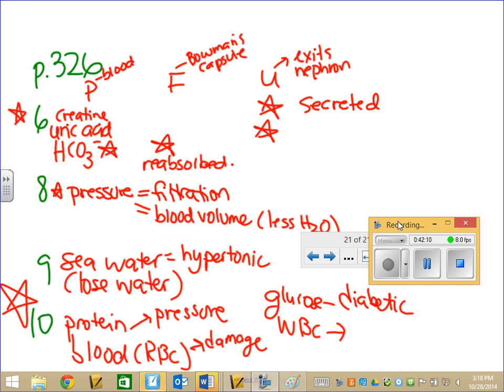They can fit through the filter, and so it's possible that they would be there anyways. But white blood cells, we'll see in Chapter 8, have to do with infections. And so if there are a lot of white blood cells present, that indicates that there is an infection of some kind. We could measure white blood cell count in someone's blood just generally to see if they're suffering from an infection.